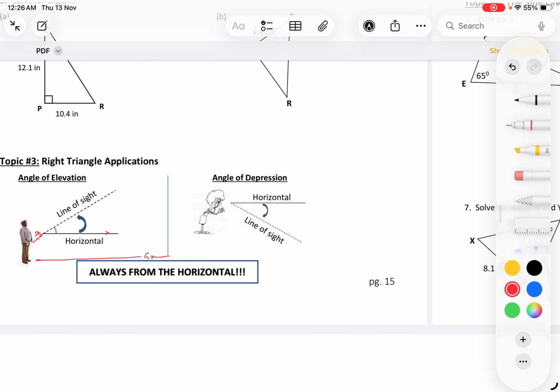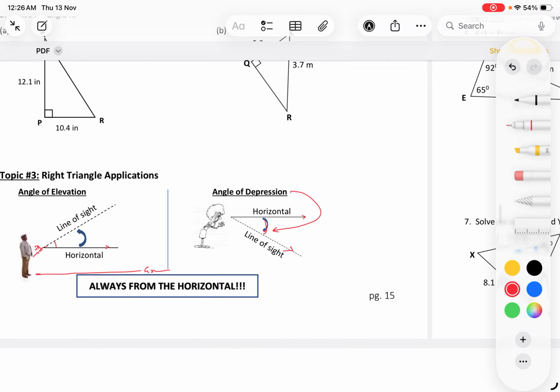So the angle of elevation is the angle which the line of sight makes with the horizontal, that is the line parallel to the earth. And if you are standing on the tower and you are looking down, then this angle, which the line of sight makes with the line of the horizon, is the angle of depression.